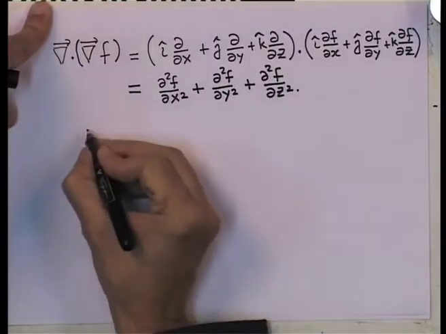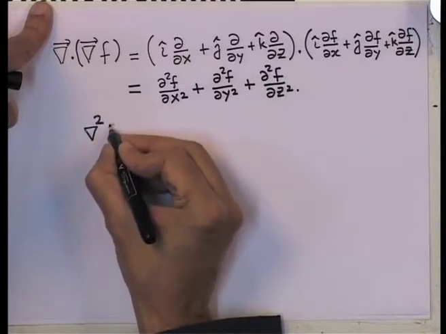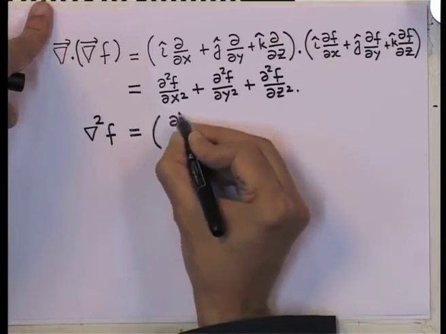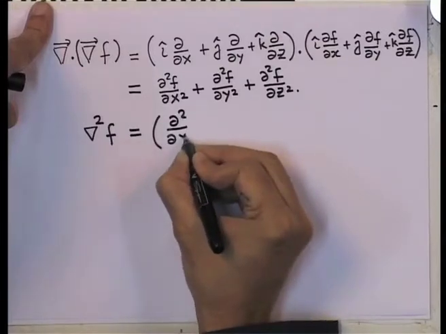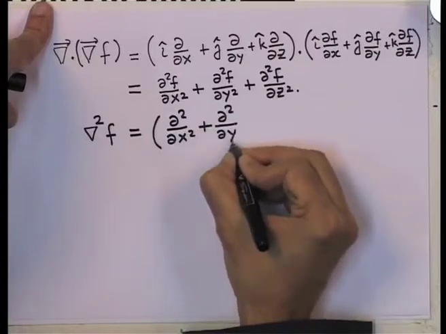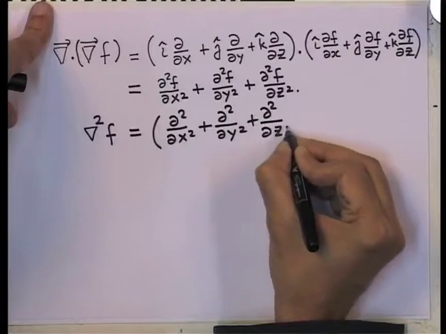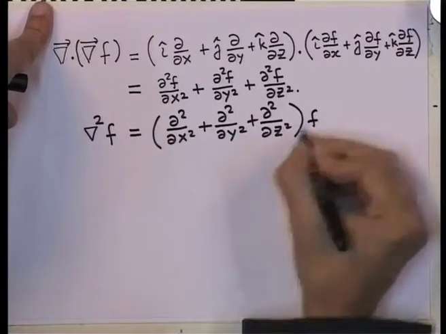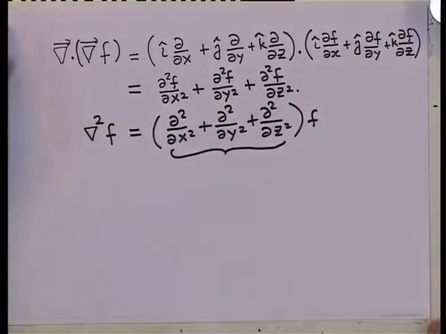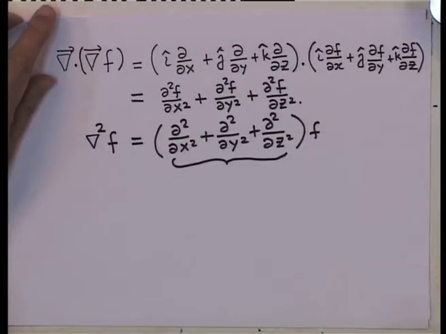So, in other words, the del square operating on a scalar function f is the same as d square by dx square plus d square by dy square plus d square by dz square operating on f. So, this is the expression for the Laplacian operator or del square operator.